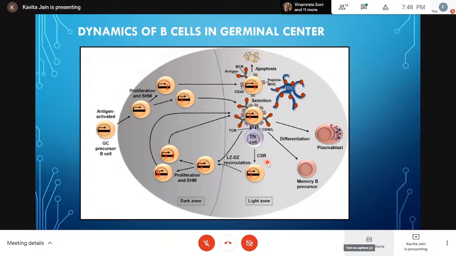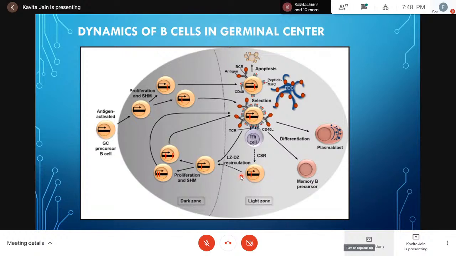So the class switch has to happen so that the antibodies which are forming become long-lived and more potent, that is IgA, IgG, IgE. This is called antibody diversification.